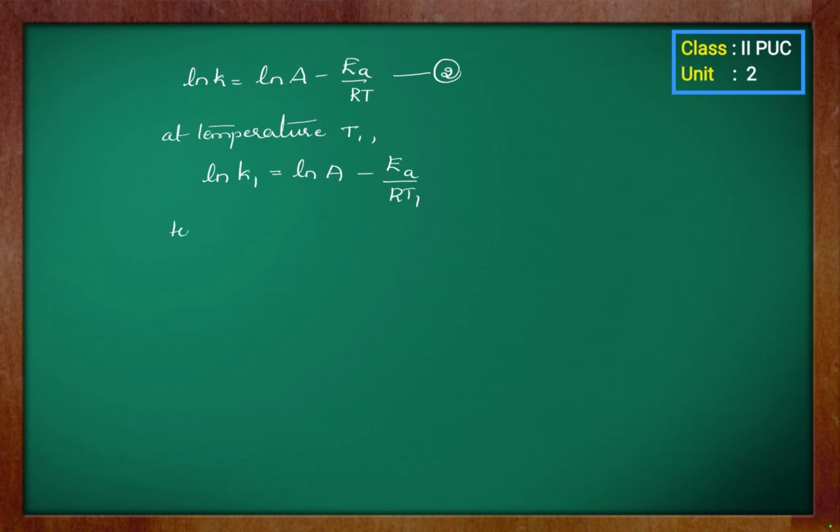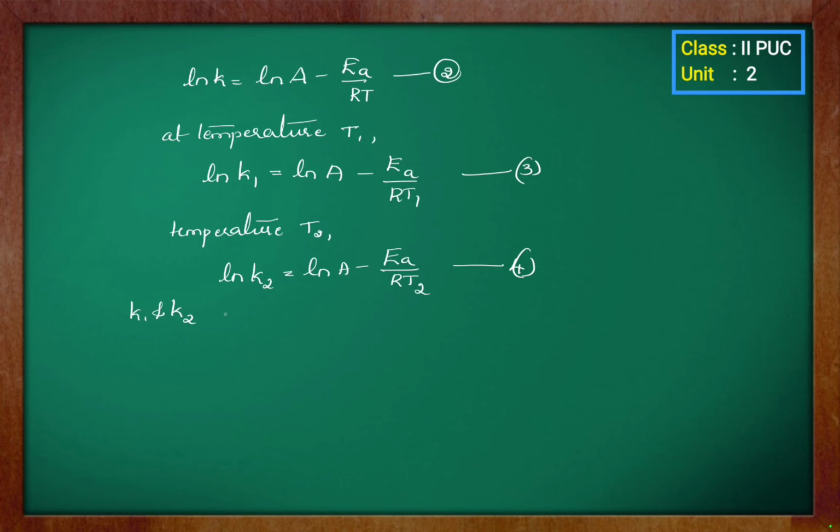And at temperature T2, ln k2 is equal to ln A minus Ea divided by R T2. Let me write these equations as 3 and 4. So here k1 and k2 are rate constants at temperature T1 and T2 respectively.